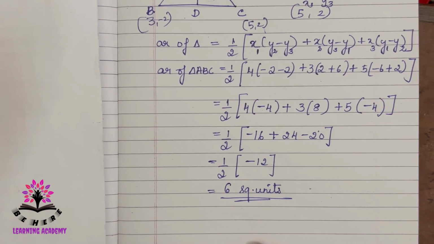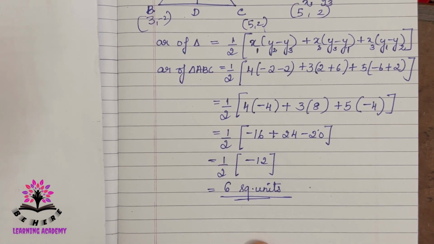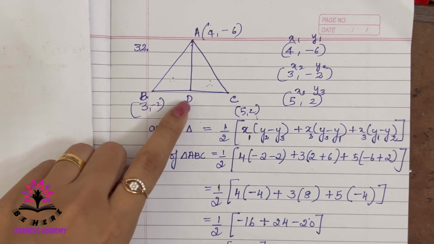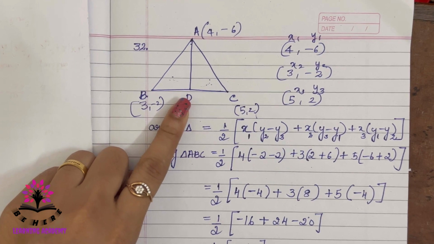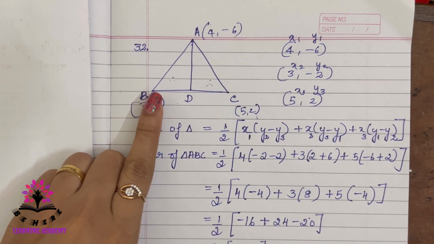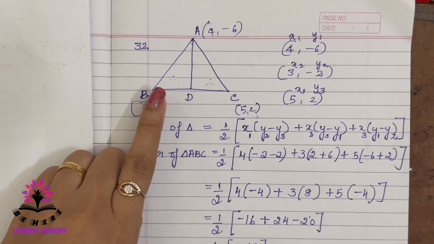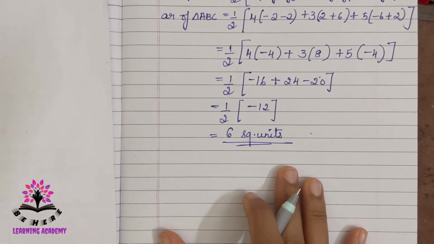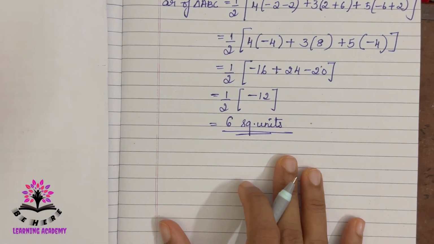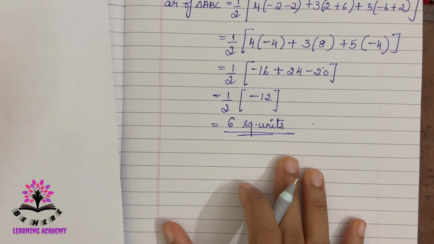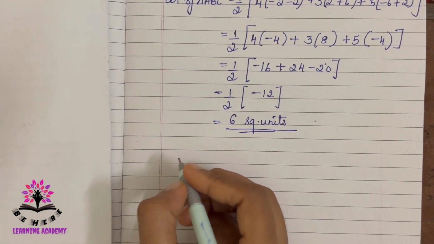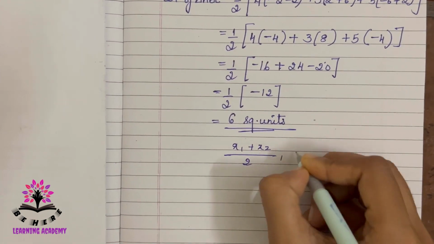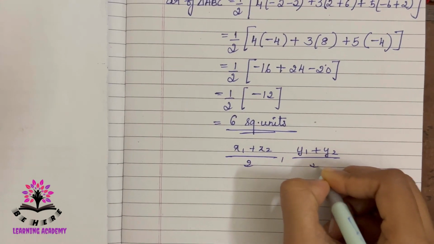Now the next thing is, in the question, you know that we have to prove that the median of the triangle divides the triangle into two equal parts. So let us find out the median, the point D. To find out the median here, you need to apply the midpoint formula for the point B and C, so that you will get the midpoint here. So I'll write the midpoint formula here. That is x1 plus x2 divided by 2, y1 plus y2 divided by 2.